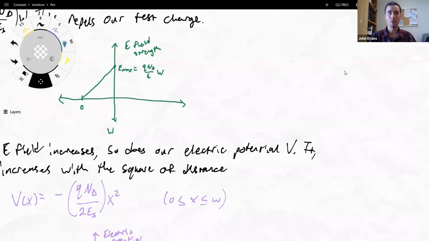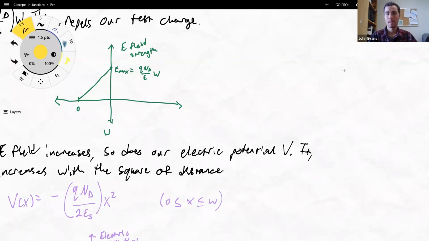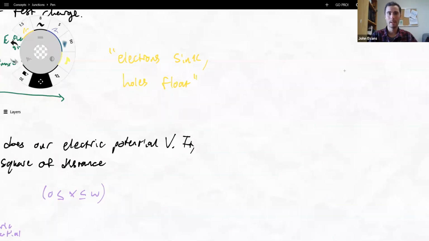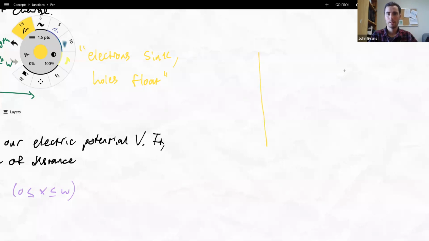In fact, one of the most useful concepts that I've found is this saying: electrons sink, holes float. So if you look at a potential energy diagram, and let's just say the potential energy goes like this. We'll just call this an arbitrary U, some potential energy. Electrons want to sink down this way, right?